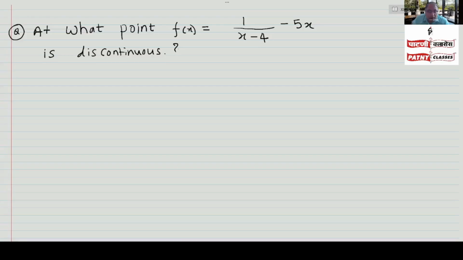At what point is f of x equals 1 upon x minus 4 minus 5x discontinuous?